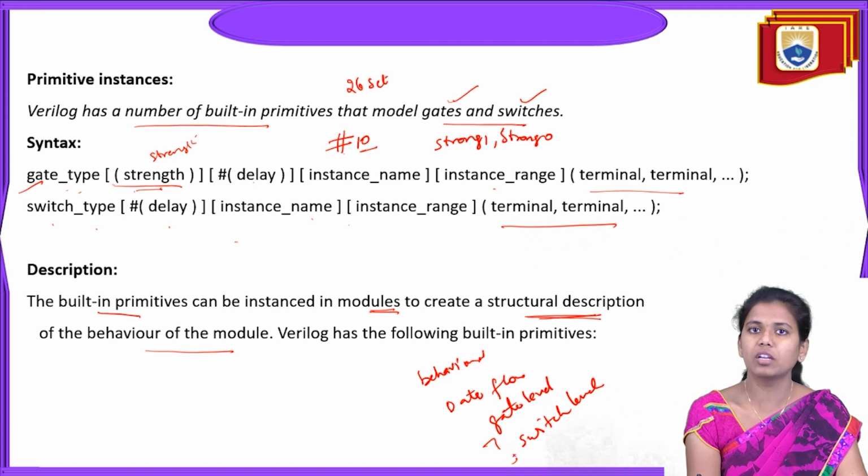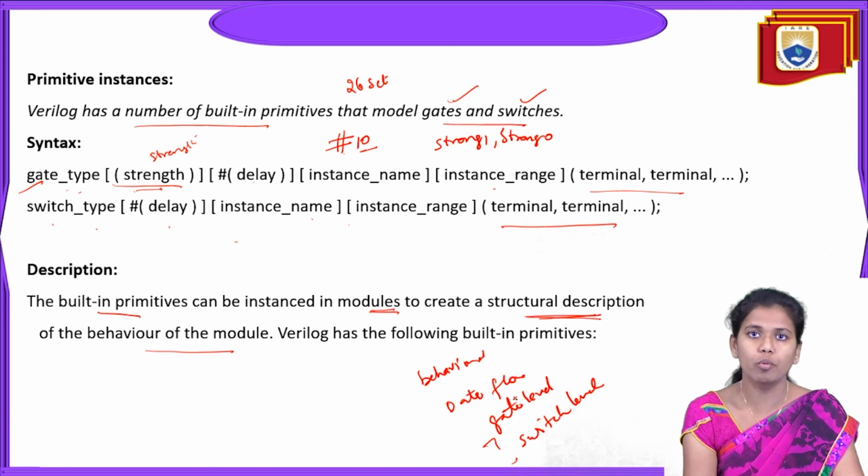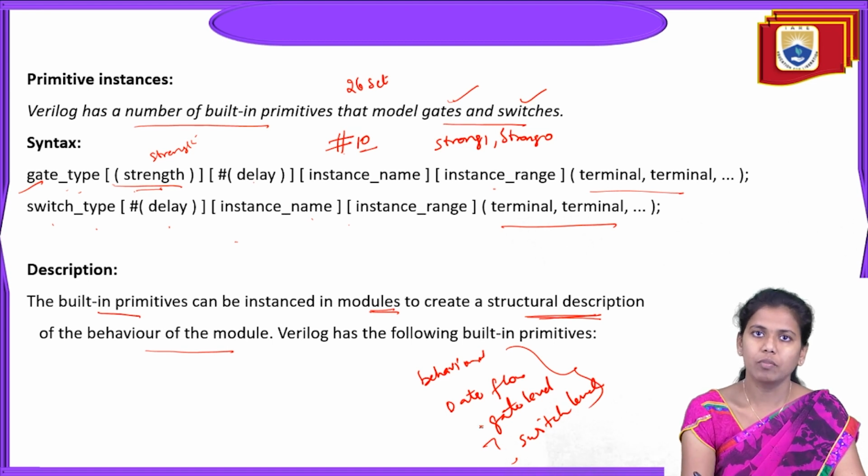Okay, there is some relationship between the structural description and the gate level description. Overall, we can achieve the structural description only with the help of the gate level. And in the gate level we can see how the data flow modeling takes place. So these are all interrelated, but among these four modeling styles, the highest abstraction goes with behavioral modeling.